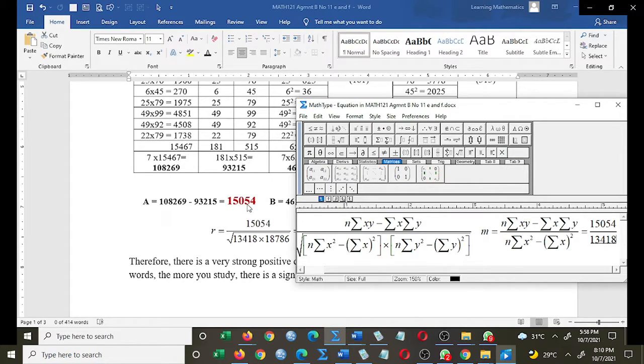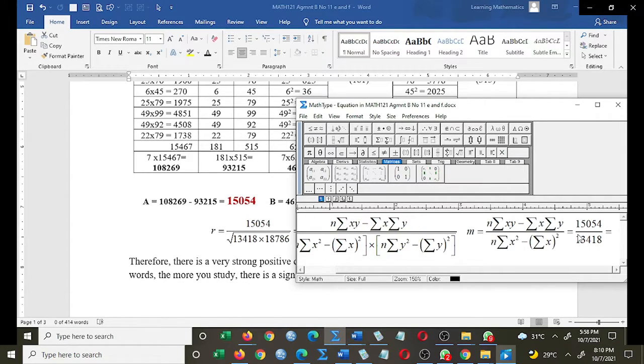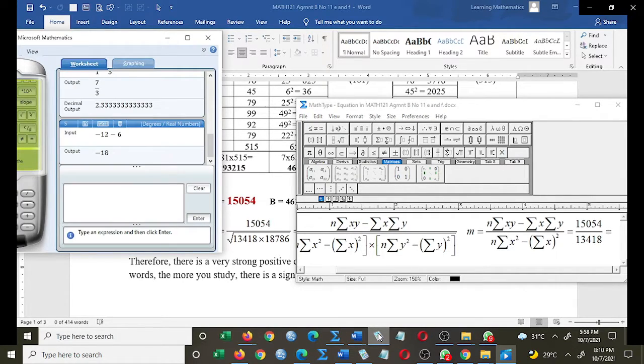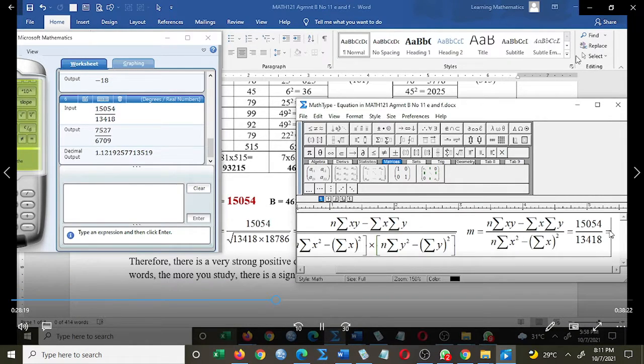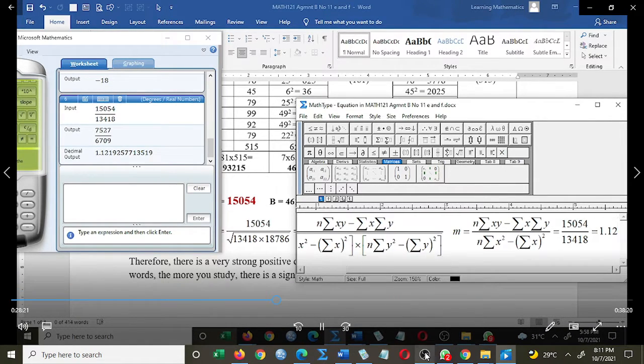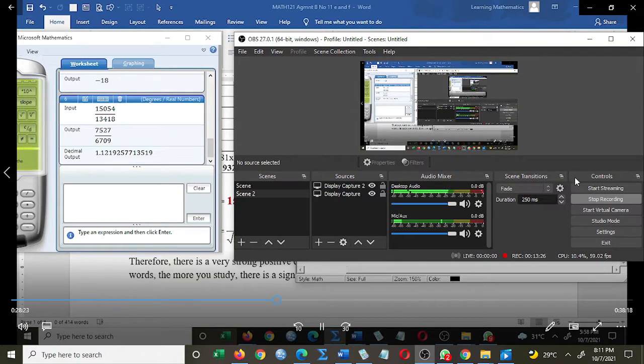Because the results for the product moment, you can easily use to calculate your gradient. We're going to get a value there. Let's do the calculation one time. Anybody can tell me what the value is? 1.12. Please verify if it's 1.12. Yes, sir.